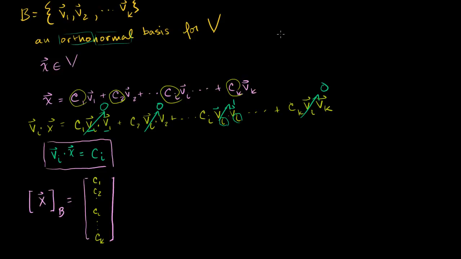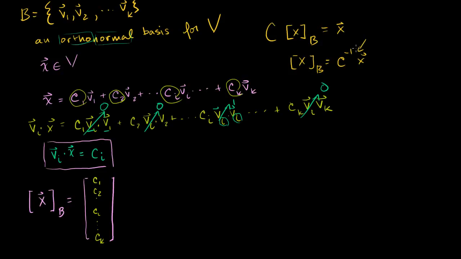If you have x represented in the B coordinate system, then you can multiply it times the change of basis matrix, and you can just get regular x. But if you have regular x and you need to find this, if C is invertible, then you can apply this equation right here, which isn't always the case.